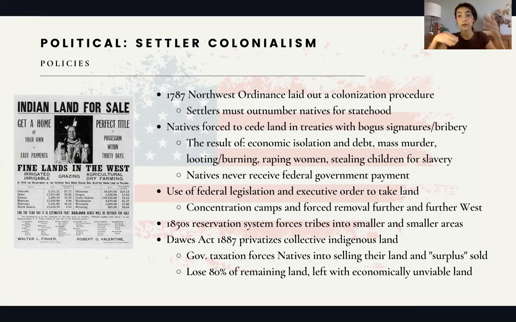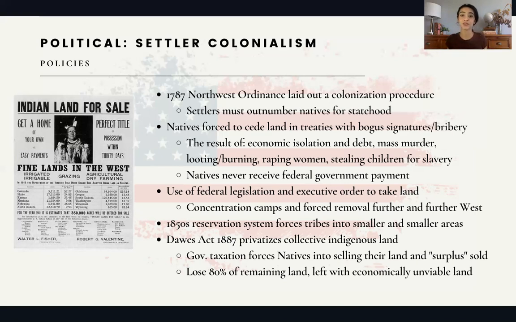Or they would bribe individual members and get their signature with whatever goods. This was also the result of economic isolation and debt. So they would intentionally cut off Native American trade routes and keep them from accessing the land that they could live off of, to put them in such economic isolation that they had no choice but to sign the treaty and move elsewhere.